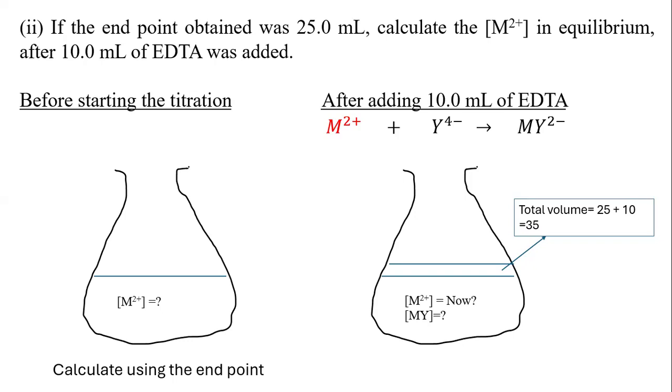So what do you have now? The volume has changed, it's 35. M2+ is not what you had at the beginning because it has undergone this reaction forming MY2-, and now in the solution you have MY2- also. I put it as MY.